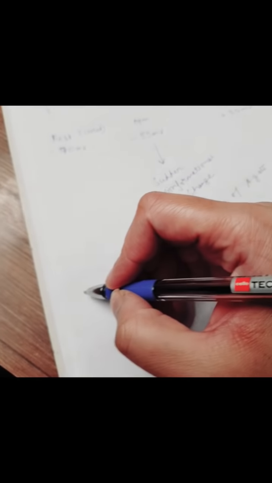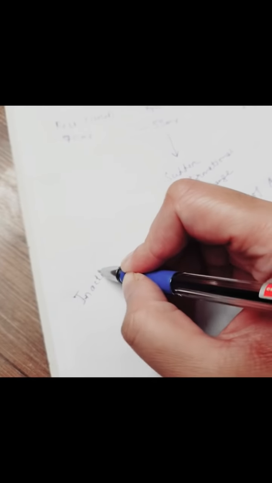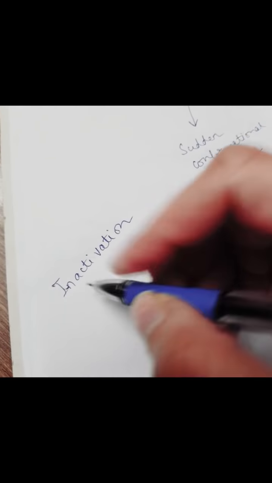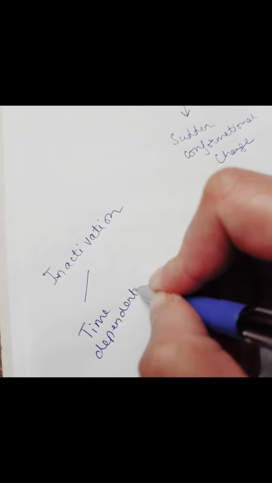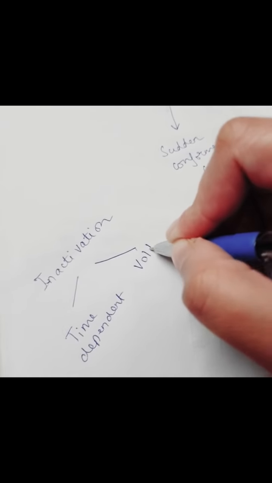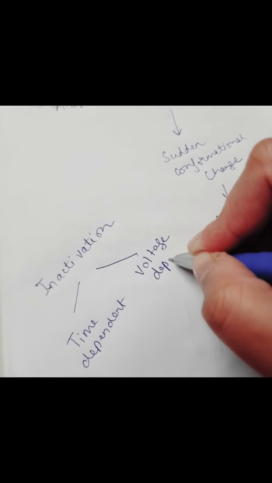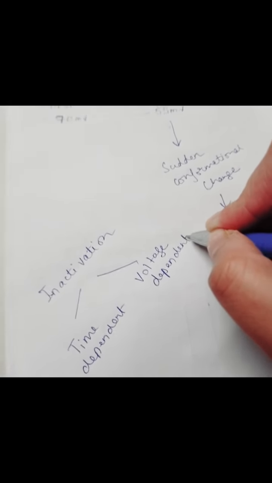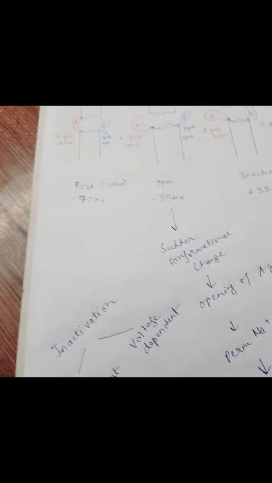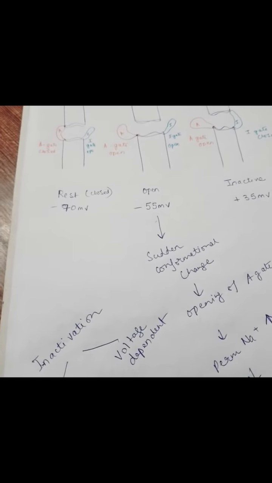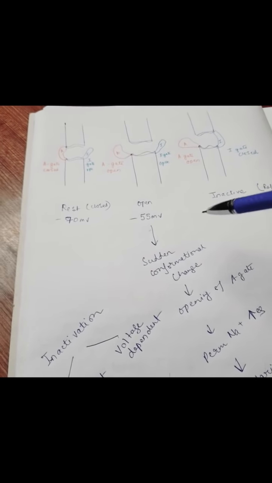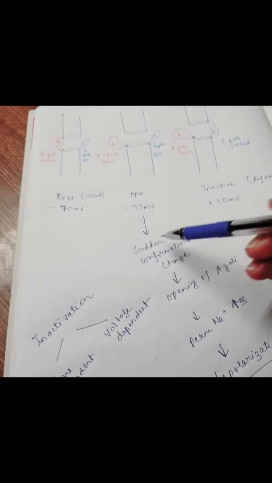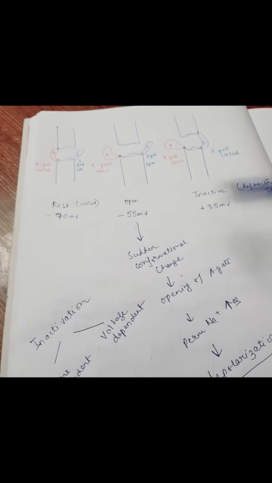Now let's go to inactivation. Inactivation may be of two types. First, it can be time dependent, and second, it is voltage dependent. We are talking about the voltage gated sodium ion channels here, not the ligand gated, only the voltage gated ion channels. In these channels, when the voltage changes, there is a conformational change leading to opening of the activation gate.